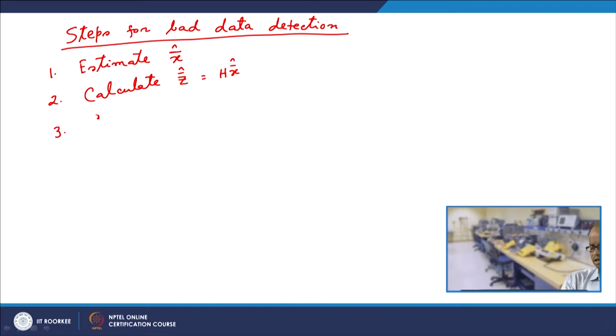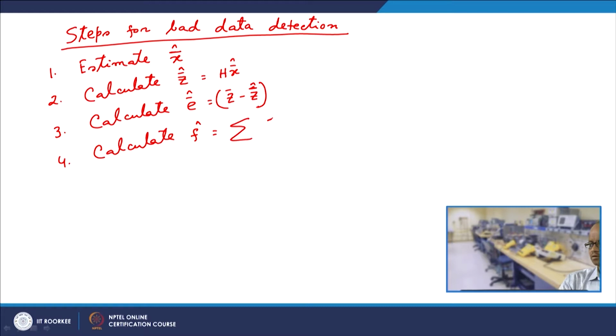From that we can calculate E hat, where E hat is z minus z hat. Once we get E hat, then we calculate f hat, which we already know how to calculate.